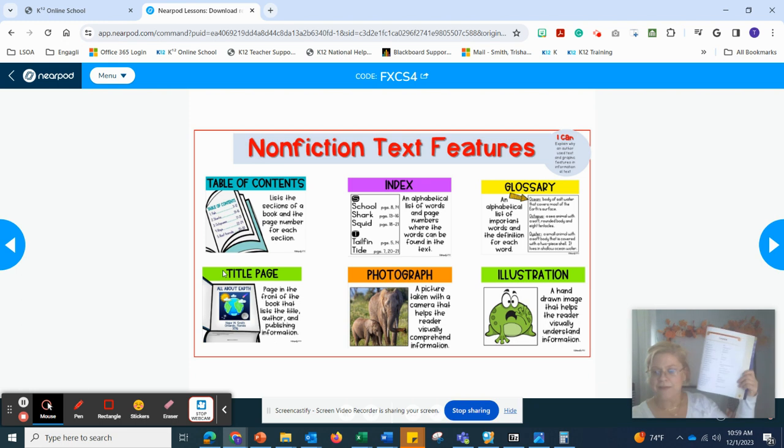Sorry, I want to find the right table of contents page. So the index, in some ways, is similar to the table of contents, but where the table of contents lists sections, like chapters, the index is an alphabetical list of keywords and pages. So it gives all of the important keywords that you will find in this book or any book.